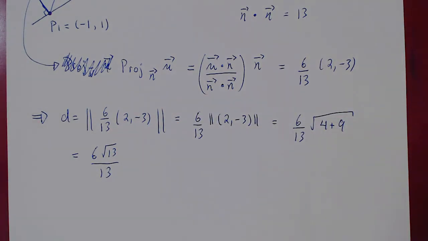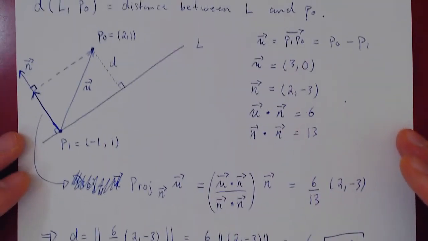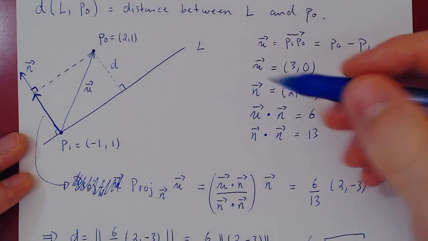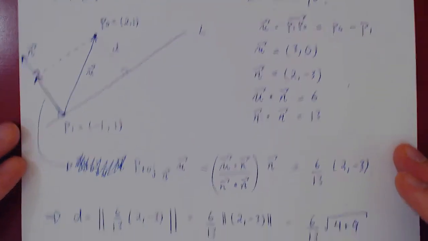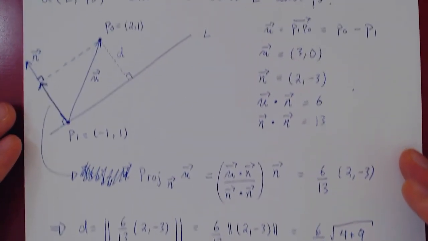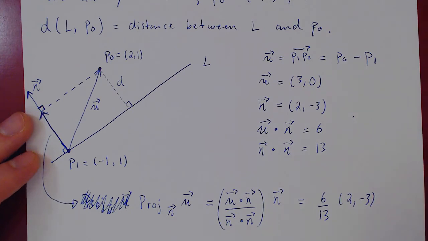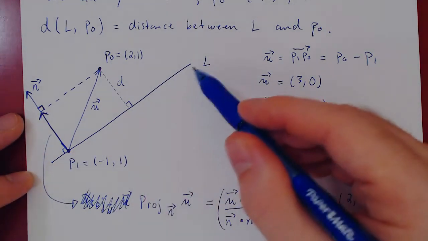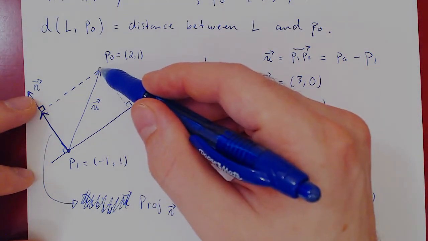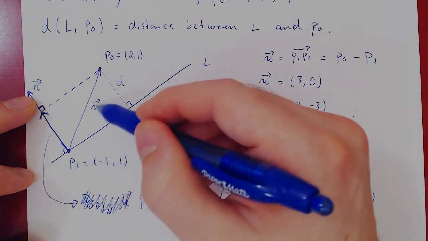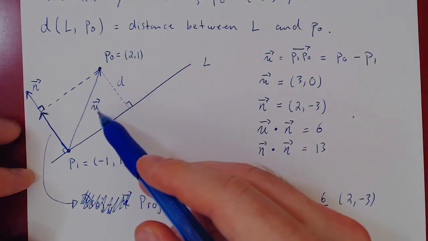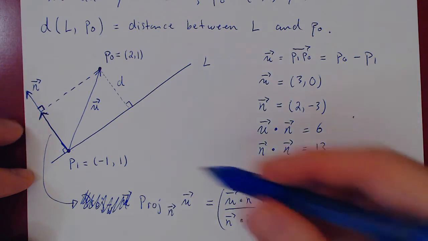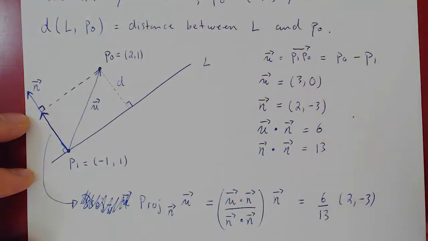So there you have it. The distance between the line L and the point P naught. The length of the line segment connecting point P naught with the line L. And you can see how elegant the solution was. All we had to do was take any point on this line, connect the point P naught with a point on the line, forming vector u, and by projecting u onto the normal vector of the line, we have a vector whose length is the distance.